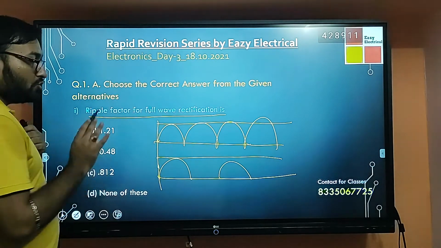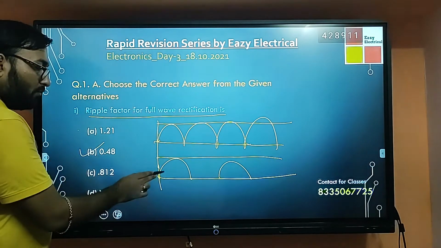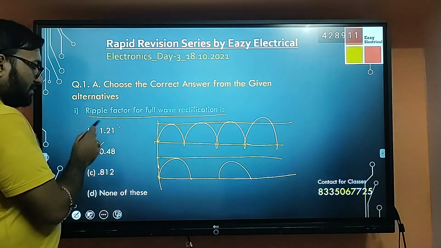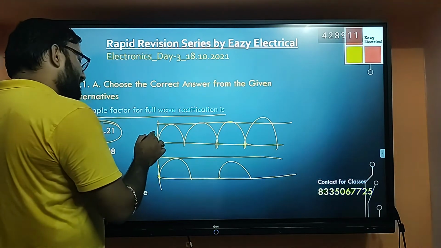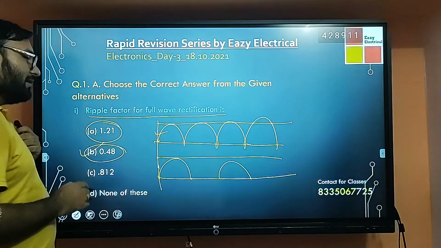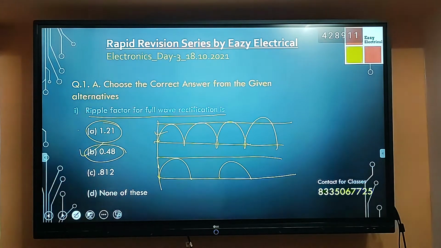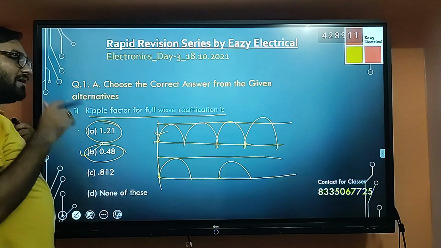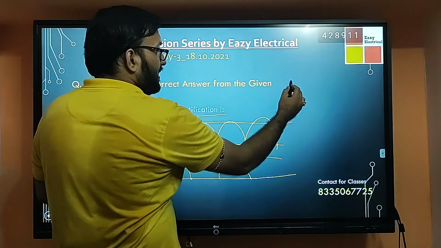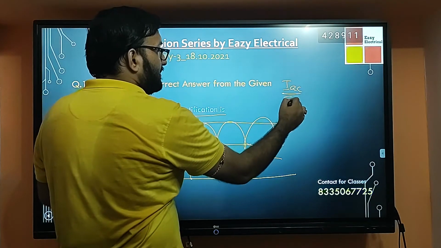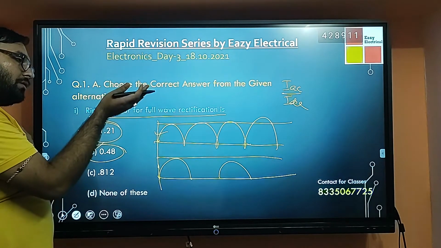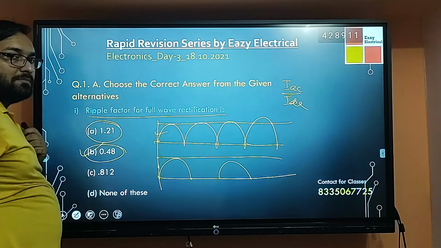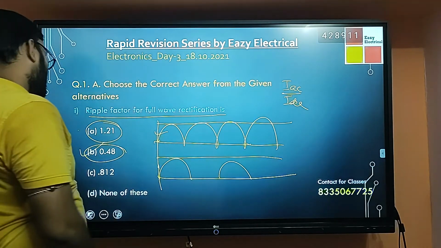So the ripple factor for a half wave will be much more, and that value is this one. In the case of a full wave rectifier, this is the value. It can be calculated very easily. Whatever the AC component is present, I_AC by I_DC, in the presence of the DC value. Whatever the AC component is present in the total amount of DC. That means your ripple factor.